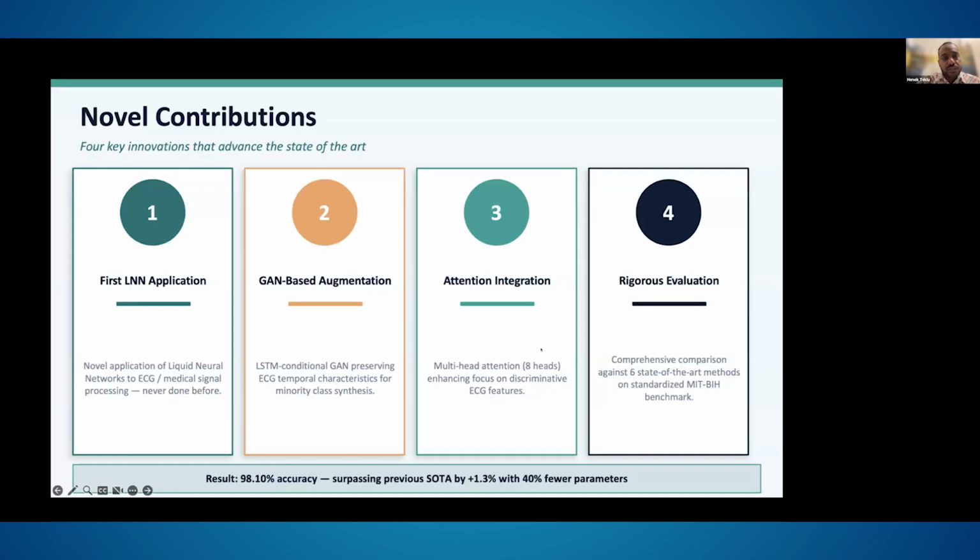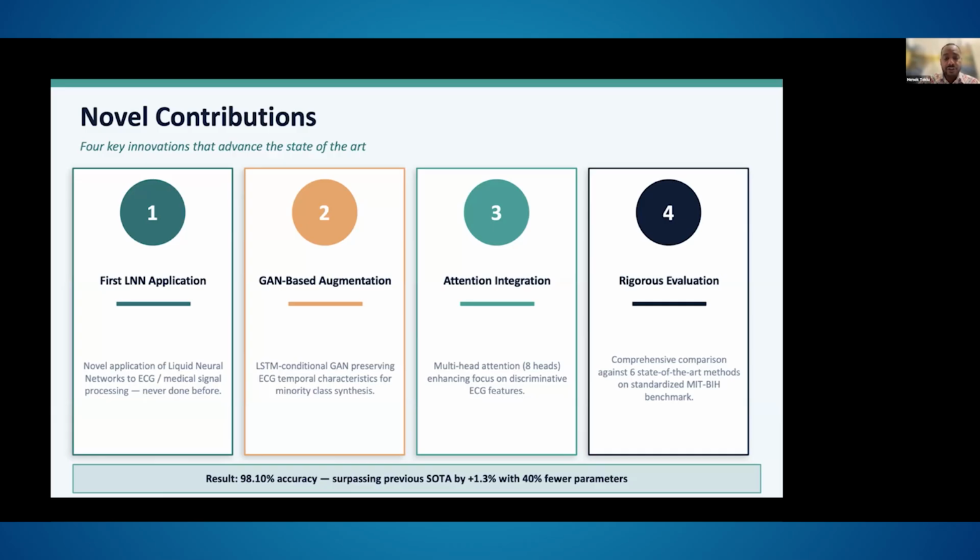So what is our main contribution? Firstly, this is the first LNN application for ECG problems, which makes it more unique.